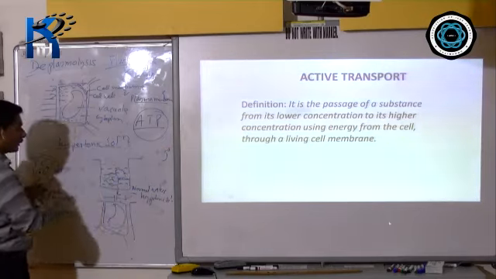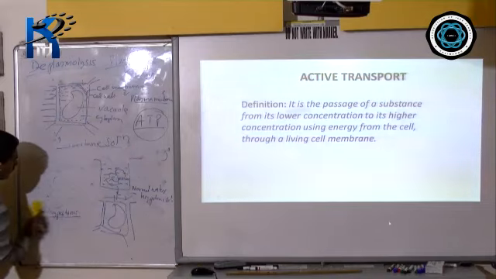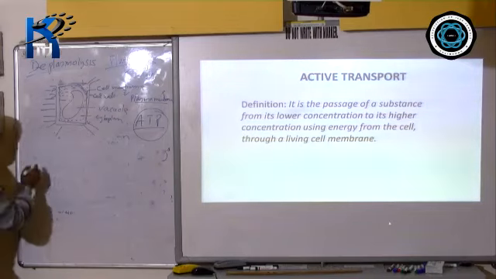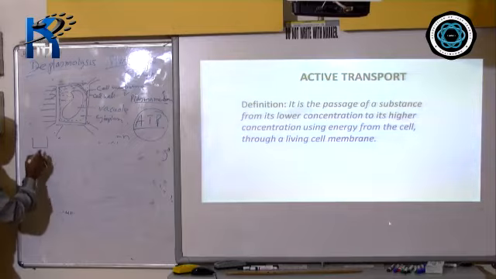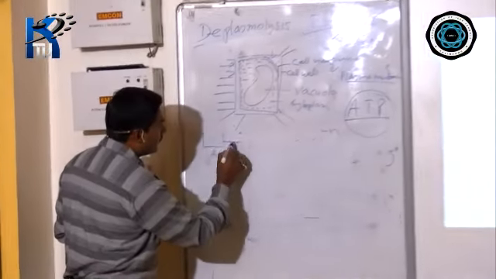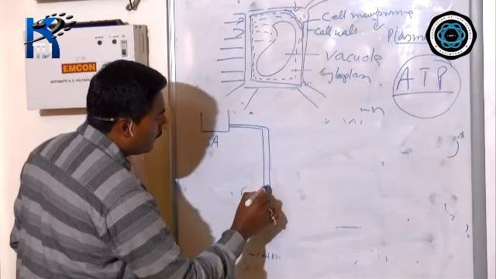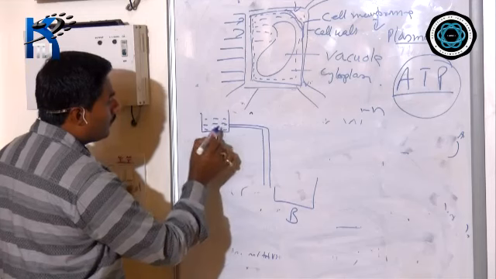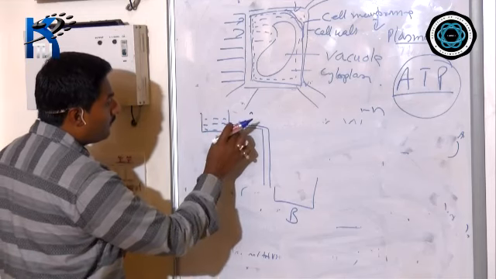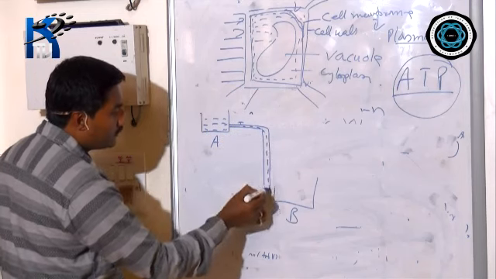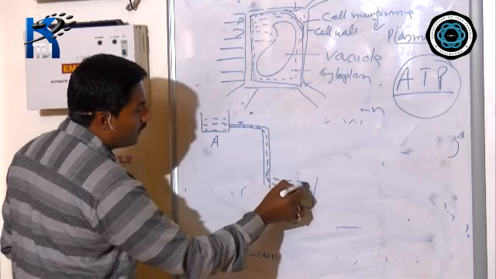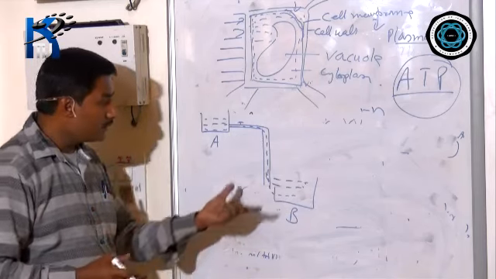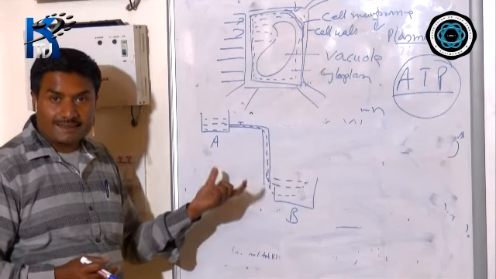Let me make another diagram to help you understand. Suppose you have a reservoir here, this is A. There is a pipe here, and then you have another reservoir, this is B. When you open the tap, the water starts moving downwards on its own from A to B. When the water is moving on its own, you use the term passive.